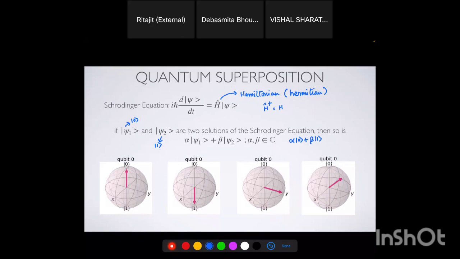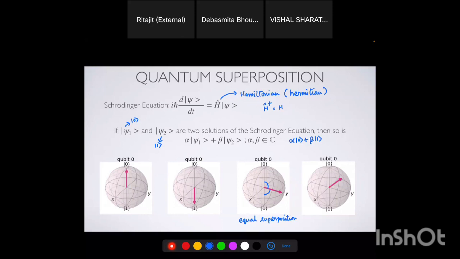In the third figure, the vector is exactly halfway between 0 and 1. This is what we call equal superposition. It is halfway, so it is equally likely to be 0 or 1, or in other words, it is equidistant from 0 and 1.